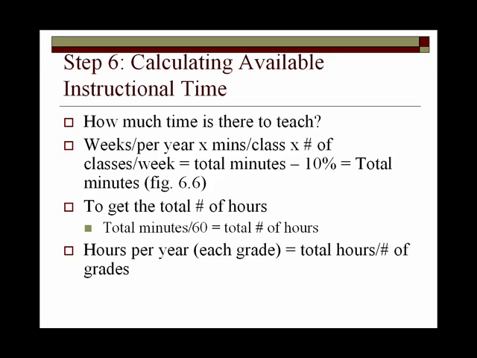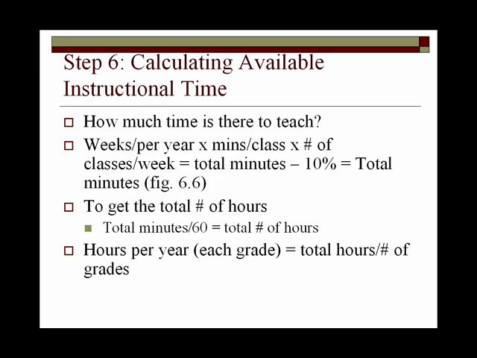Next thing we need to do is subtract out 10% from the total minutes, because research has shown that physical education teachers spend about 10% of their time in managerial tasks, such as taking roll, organization of equipment, and those types of things.